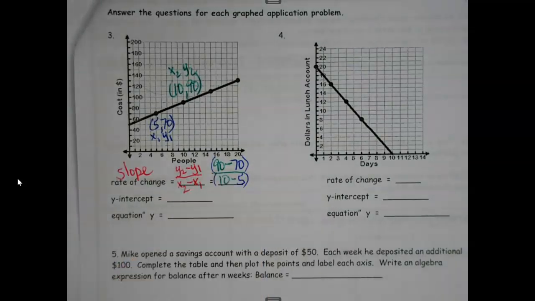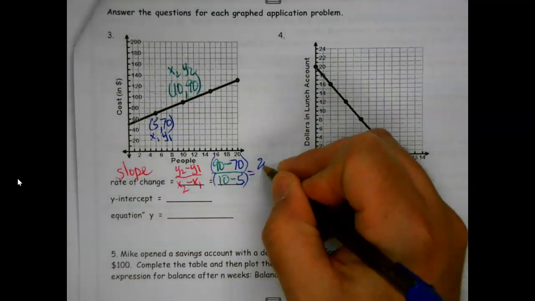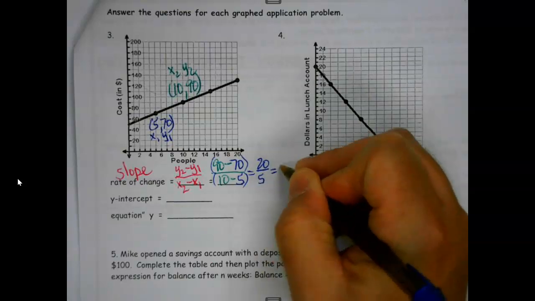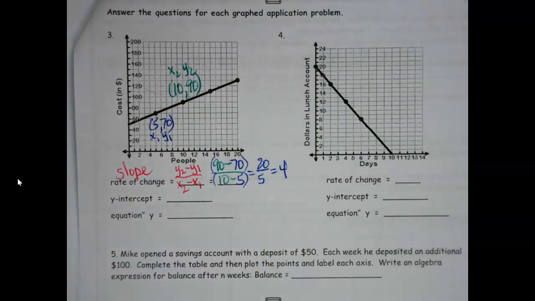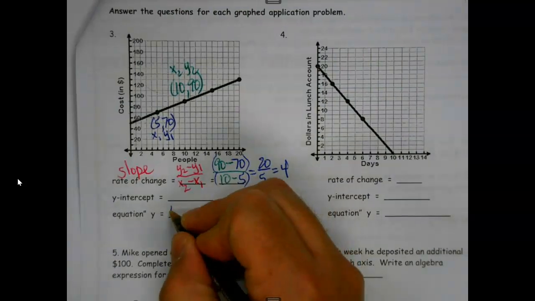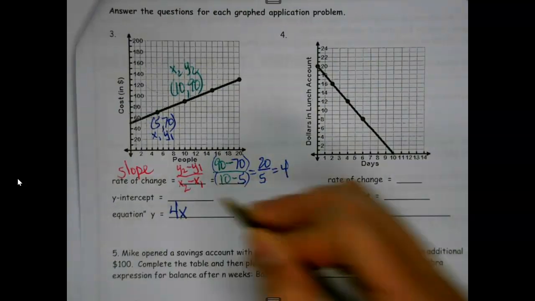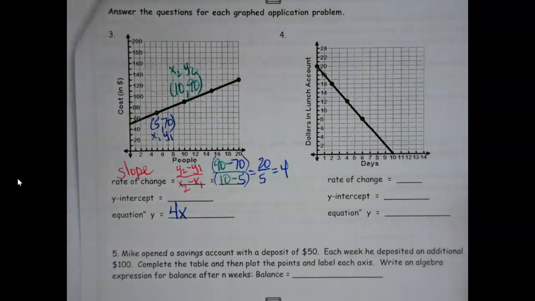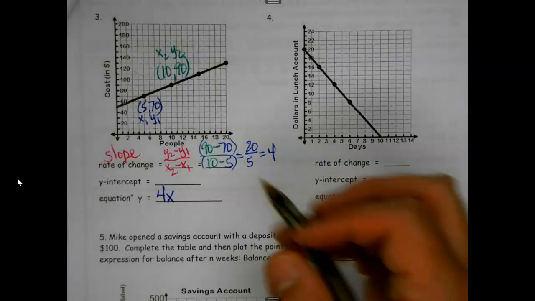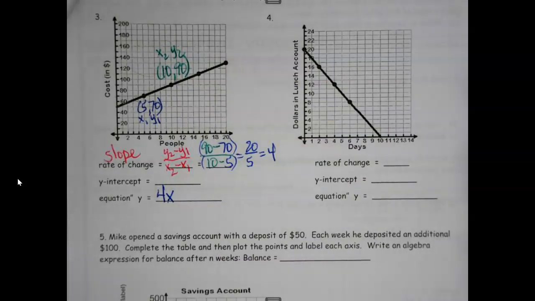Otherwise, just put them in separate, and we can do it that way. Okay, so my rate of change, my slope, is 4, and that always goes in front. Did I do something crazy? Oh, I might have. I never put myself past doing something crazy. Let me make sure here. 20, 10, and 5. I think we're okay.